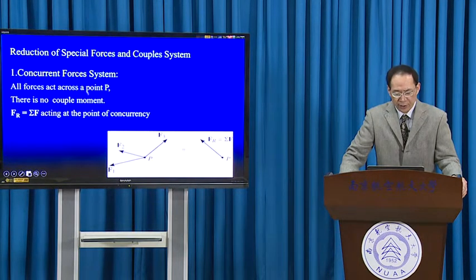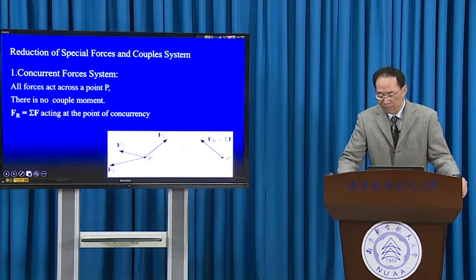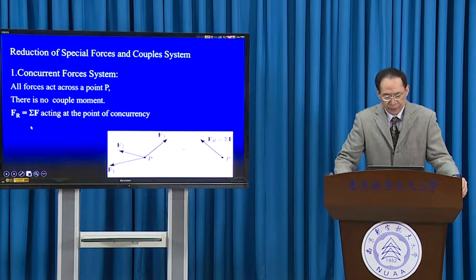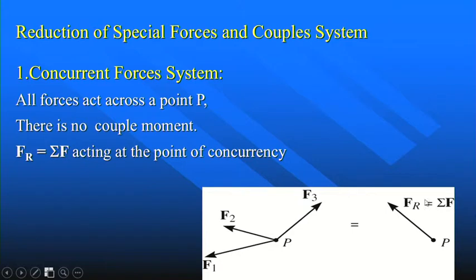So for this case, the resultant is just a force acting at P, which is equal to sigma F, that means the vector summation of all the forces. So the result is very simple. For a concurrent force system, we get a resultant force.